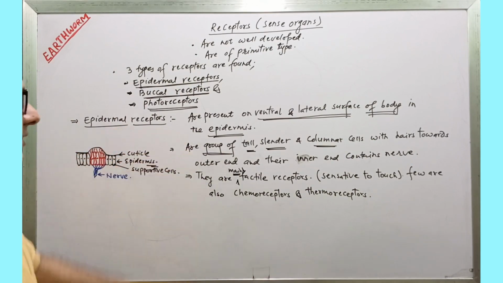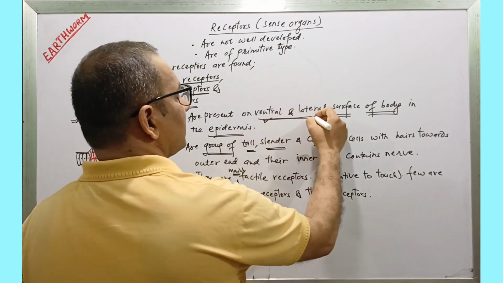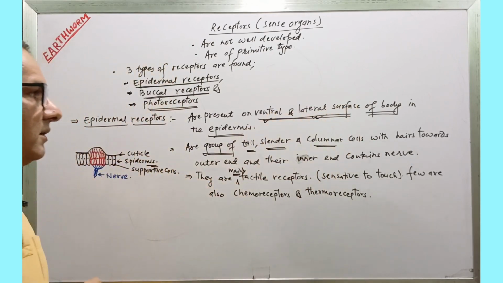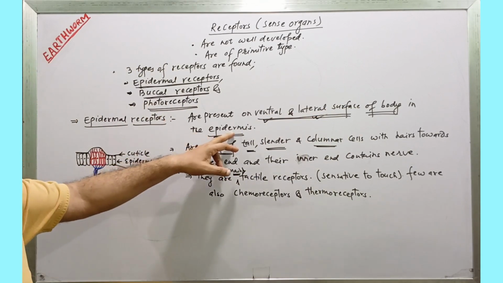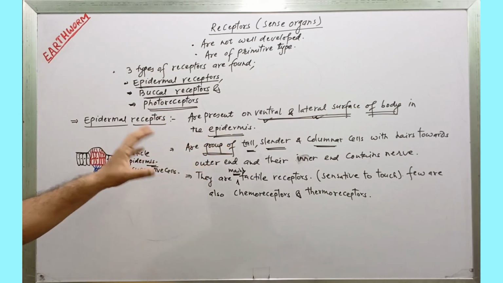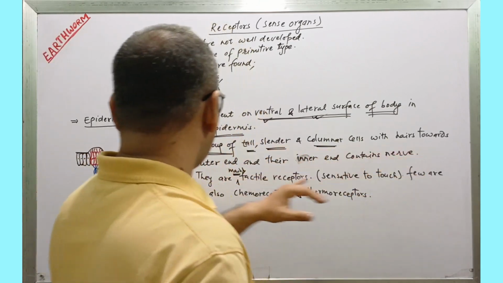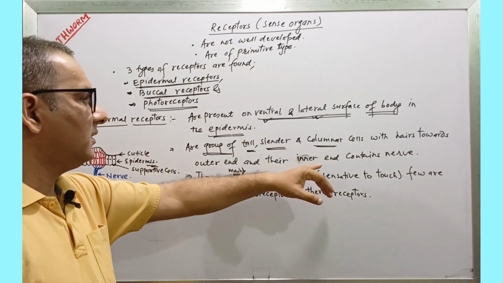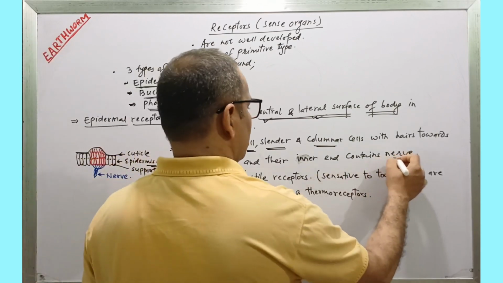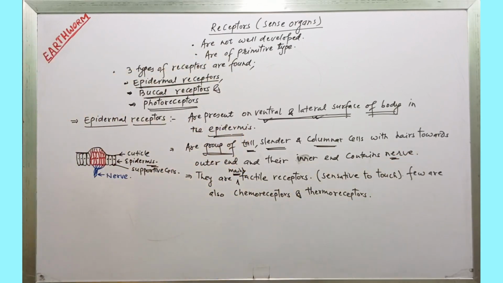The epidermal receptors are present on the ventral and lateral surface of the body wall in the epidermis layer. They are a group of tall, slender and columnar cells with hair towards the outer end, and their inner end is connected with the nerve.